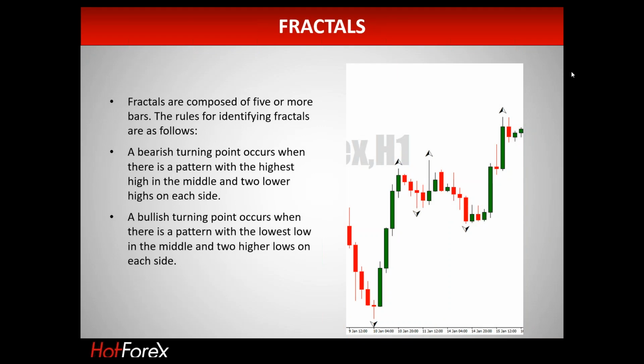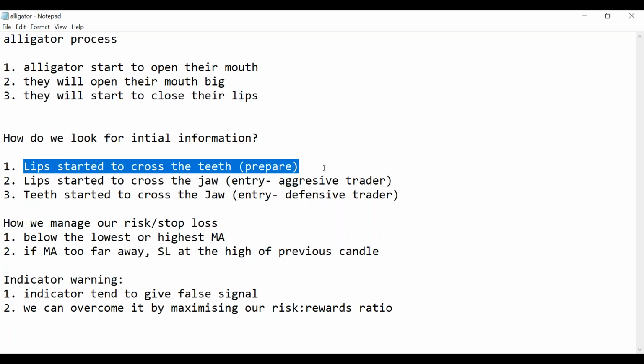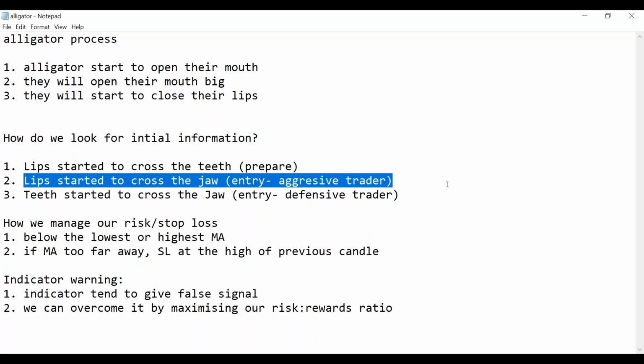Let me look at the notes that I shared with you last week. The Alligator process: open mouth, open beak, and start to close. When the lip starts to cross the teeth, prepare. When the lip crosses the jaw, we can enter if we are an aggressive trader, but the risk is high.